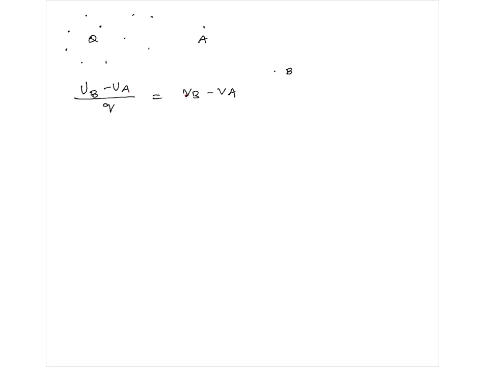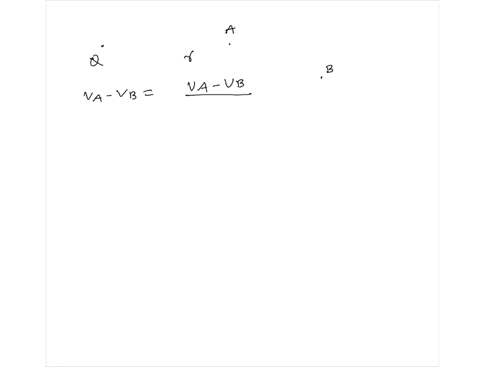Let me write this in reverse order. So VA minus VB will be UA minus UB divided by the test charge. Small q is the test charge.